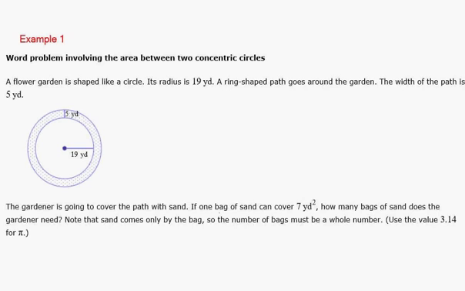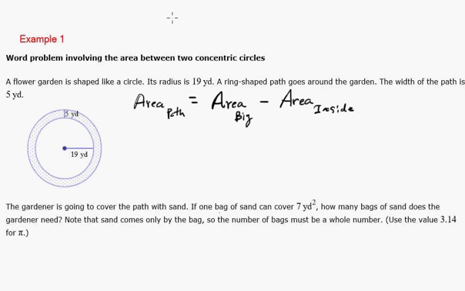Okay, so here we go. The area of the path would be equal to the area of the big circle, and then we'll subtract the area of the inside circle.